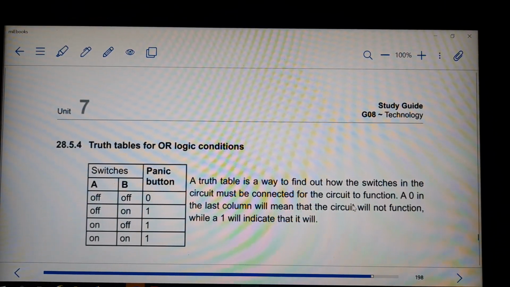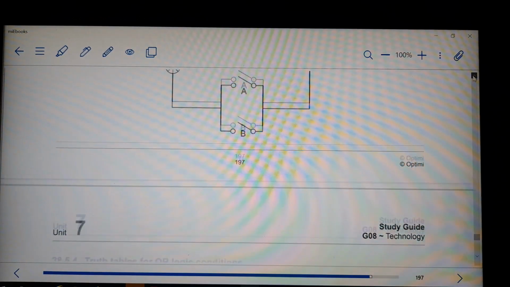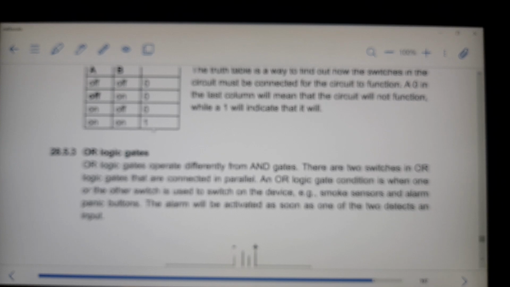So this is what we have. As I've explained, for the OR, you just need one on. If you have one on, you will get an on output as well, which means you'll get 1. And on the AND gate, you need both of the switches to be on to get a 1.